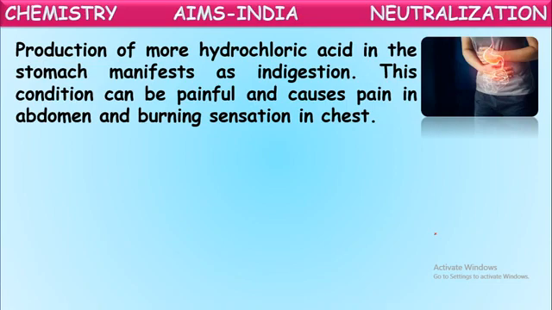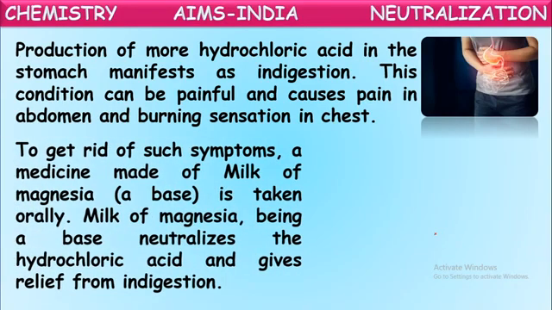So what to do to reduce the effect of this excess hydrochloric acid? To get rid of such symptoms, a medicine made of milk of magnesia, which is a base, is taken orally.